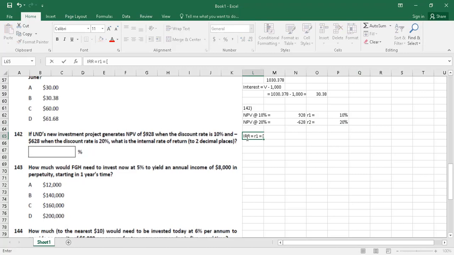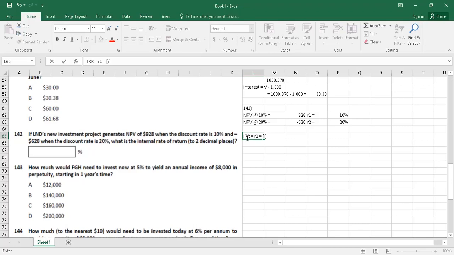I'm putting it here, one square bracket. In this, we have NPV1.